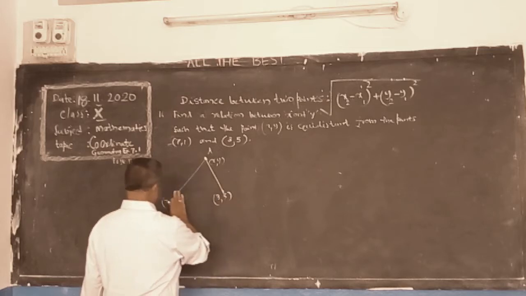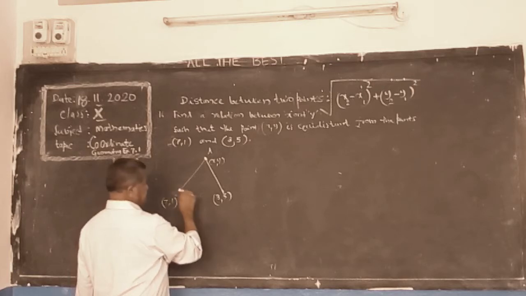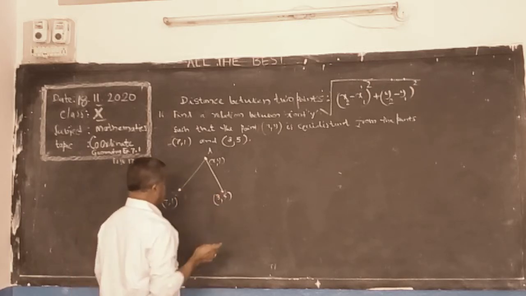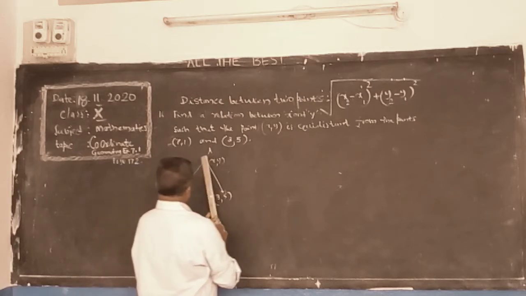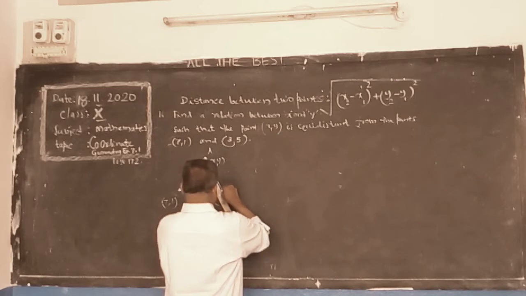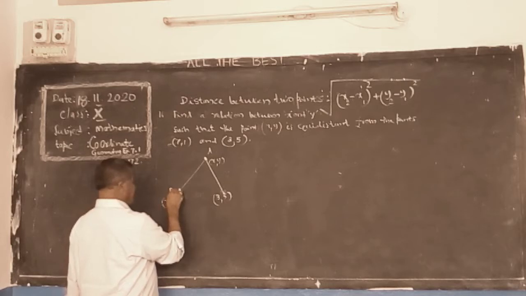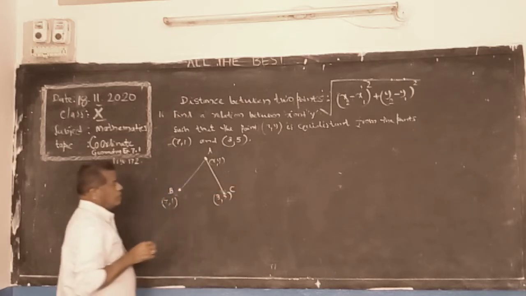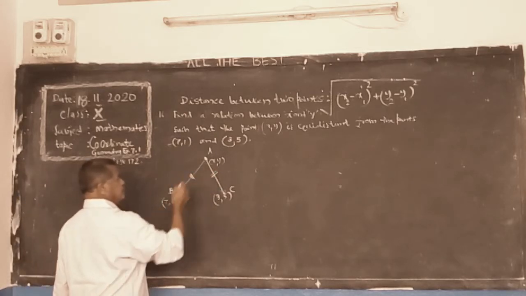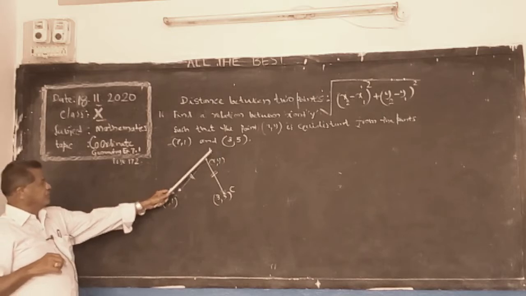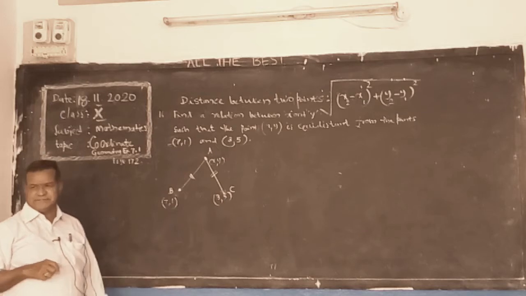These are equidistant. Here, given the length of AB is equal to the length of AC.